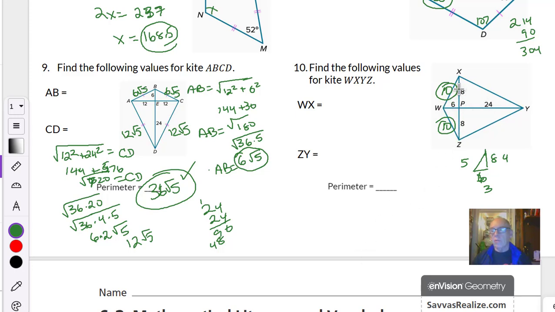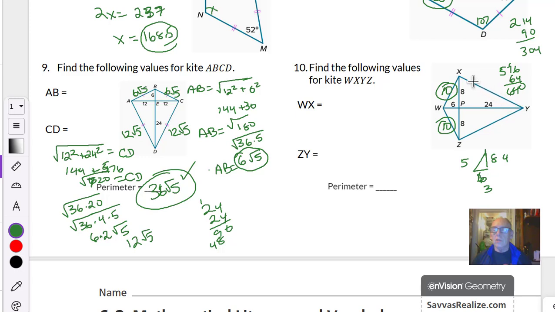And over here, 8 and 24. Let's see what we got here. This is 576 again, plus 8 squared, 64. That gives us 640.